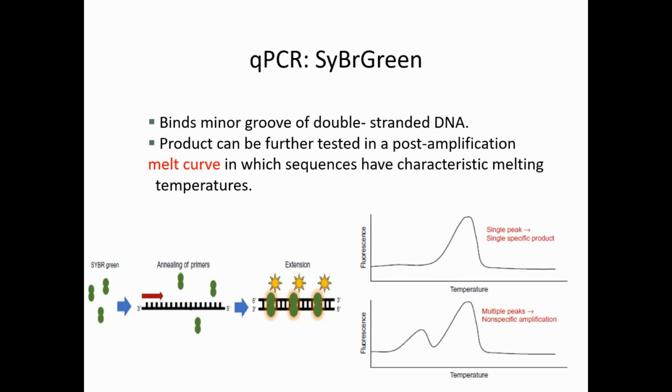The melting curve analysis will show the temperature of DNA denaturation. It should have only one single peak. That means the product is only a single product from your target. If you see a different peak, that could come from the primer dimer or the non-specific binding.